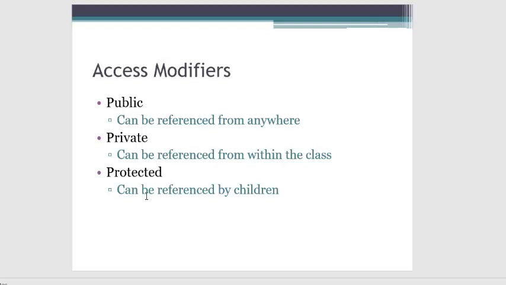Private means it can only be accessed from inside of the class itself. So if you're defining a property of a class, you are not allowed to reference it outside the class if it's private. And protected means that the methods or properties can only be referenced by children, or classes that extend or are derived from a parent class.